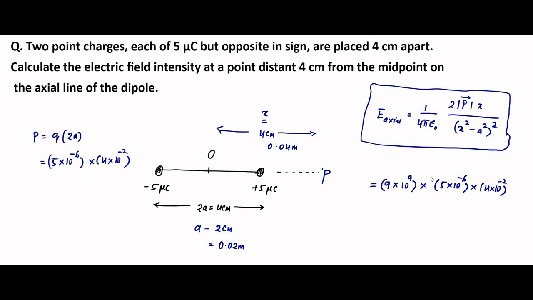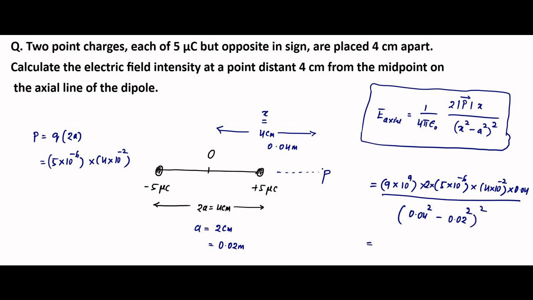Then multiplied with 2 into this p. Then x is equal to 4 into 10 to the power minus 2 or 0.04, divided by 0.04 square minus 0.02 square, whole square.